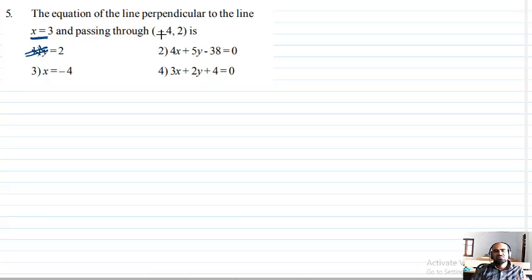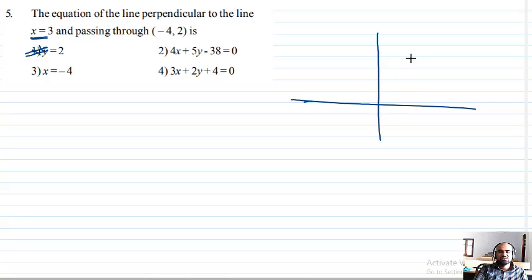Understood? I will explain it to you. The equation of the line perpendicular to this. Okay, I will show you. This is the x equal to 3 line. Perpendicular, I will use another color. This is the required line. Perpendicular. Okay, what is the slope of the red line? 0.